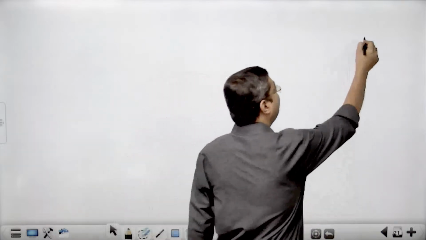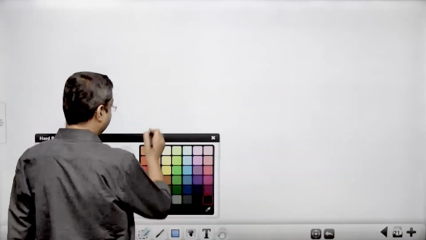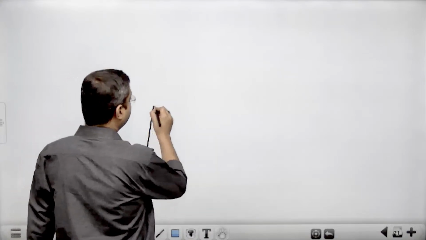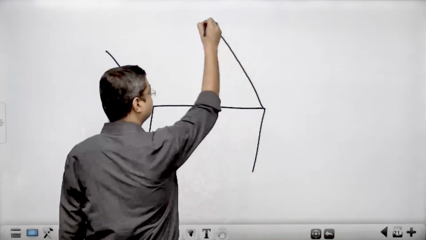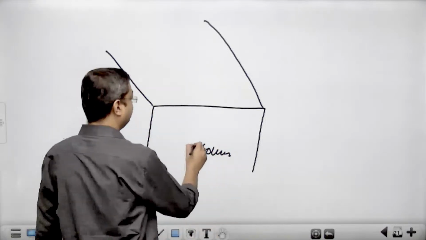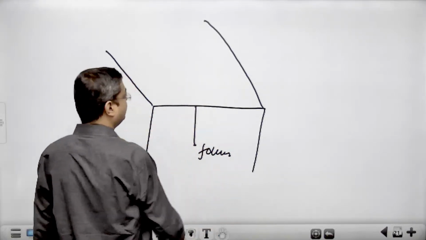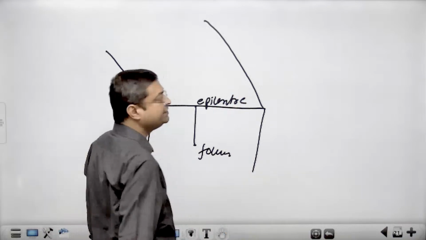Come to surface waves. They are also known as L waves. They are last to reach the seismograph.